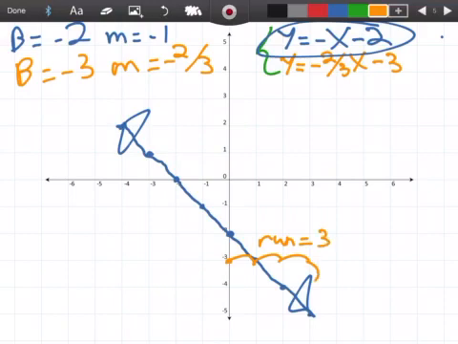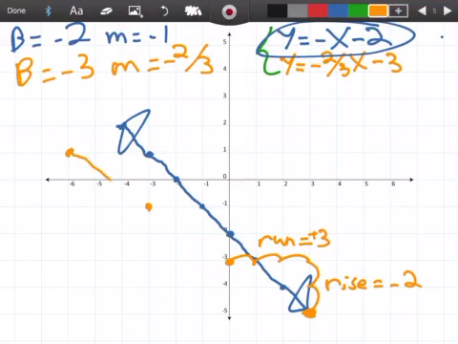And then our rise, I'll go down 2 units. Cool. All right. Well, that's one point we can map out. You can probably see that there is a solution here, but I'll just map out some other points just for clarity.